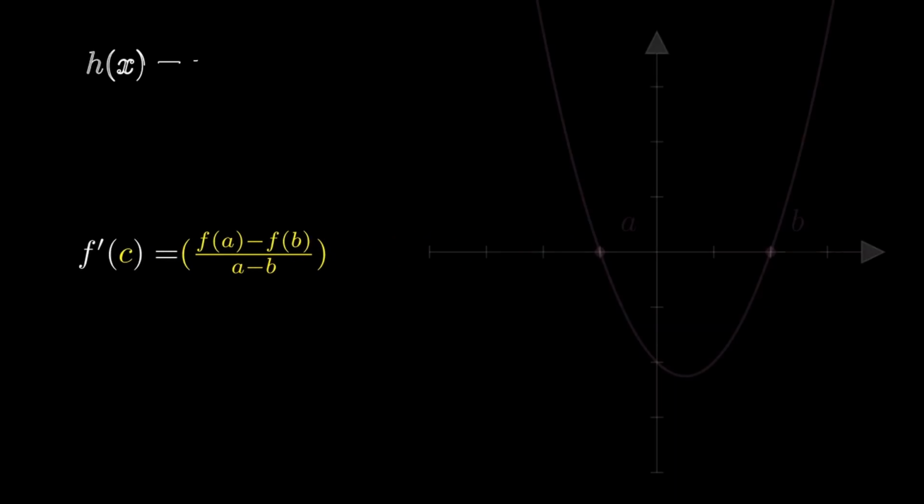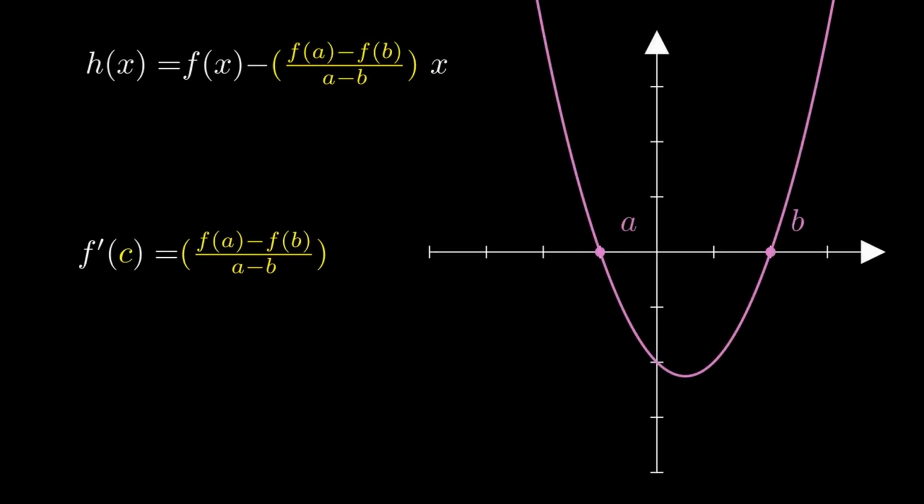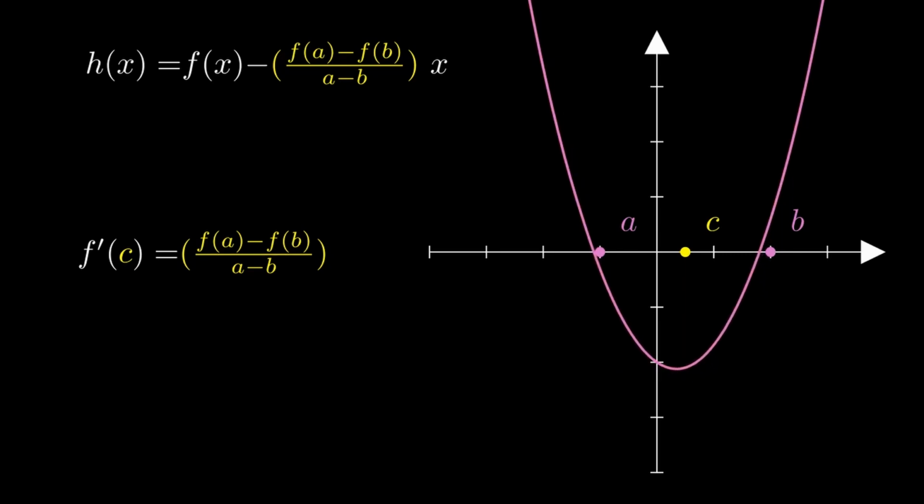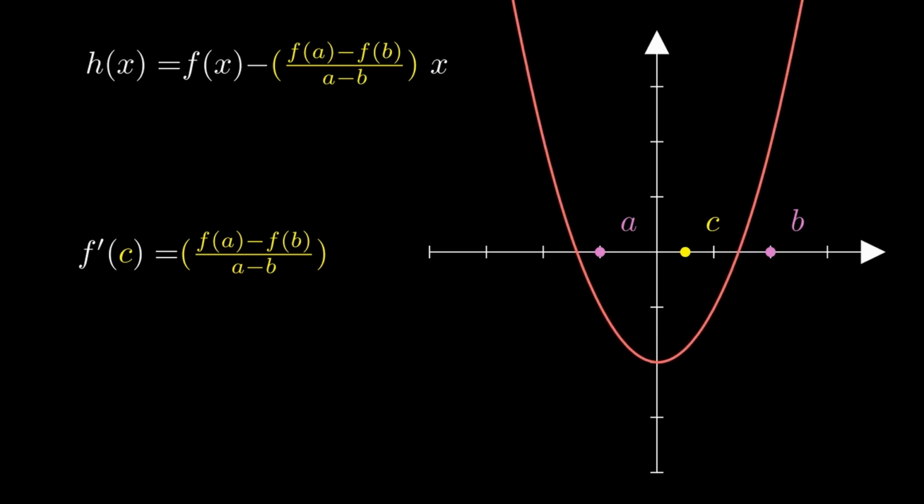Let's examine this visually. If we bring back the graph of h and mark our value of c, we can see that h prime of c is equal to 0. Now, we will transform our graph back into our function f and redraw our line between f of a and f of b.